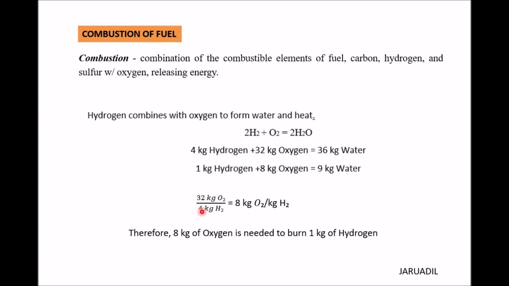And 32 divided by 4 is 8. So ang ibig sabihin nito, you need 8 kilograms of oxygen to burn 1 kilogram hydrogen. Kaya 8 kilogram of oxygen per kilogram of hydrogen. So this is the oxygen and the fuel ratio.